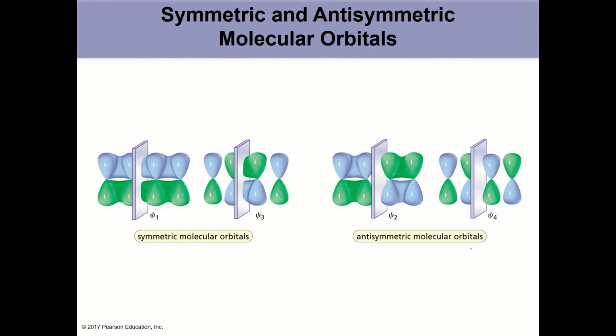The odd-numbered orbitals are going to be symmetric, and the even-numbered orbitals will be antisymmetric. So they're showing an internal mirror plane halfway through the middle of the molecular orbitals.